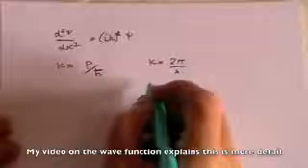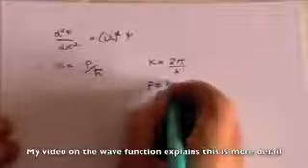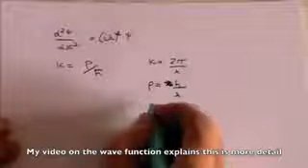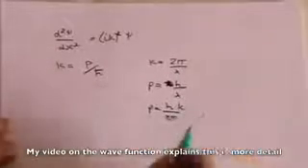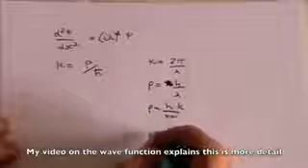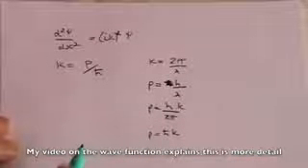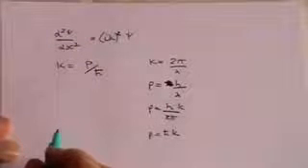And if we work it through, we know from the formula that p equals h over lambda, which is h k over 2 pi. H over 2 pi is just the other version of Planck's constant, and we've got p equals h bar k, so k is p over h bar, which we can use.